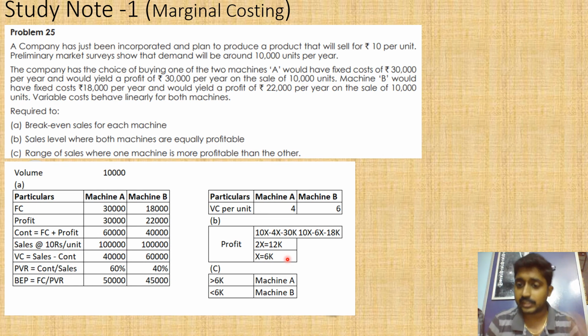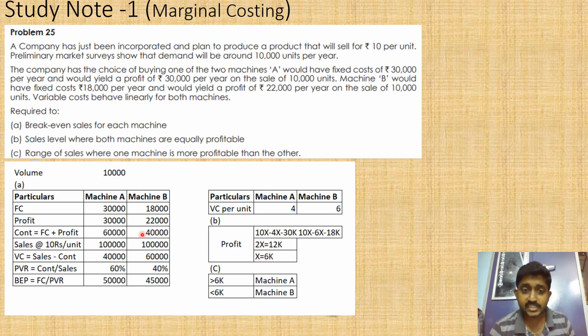Now the most interesting part of the question is the range of sales where one machine is more profitable than the other. You can easily answer this. At 6,000, machine A and machine B have equal profit.